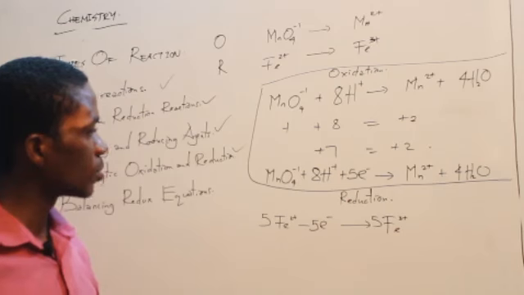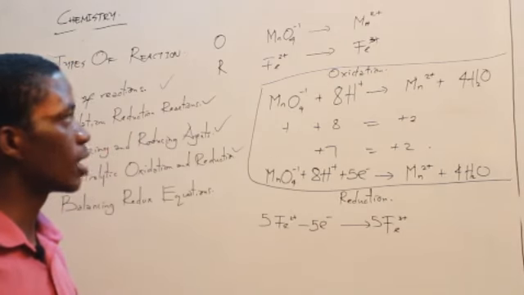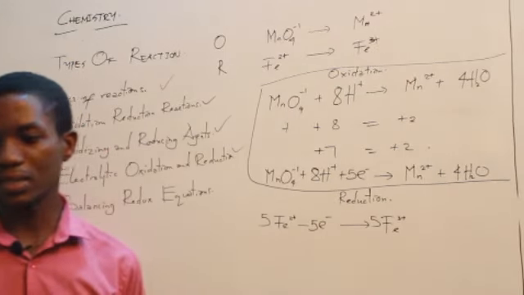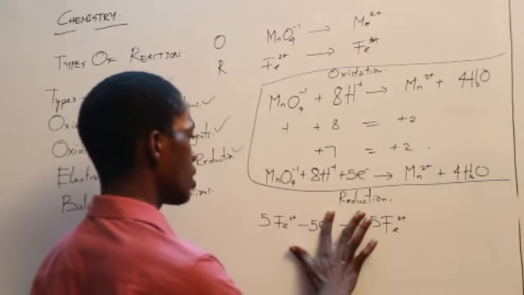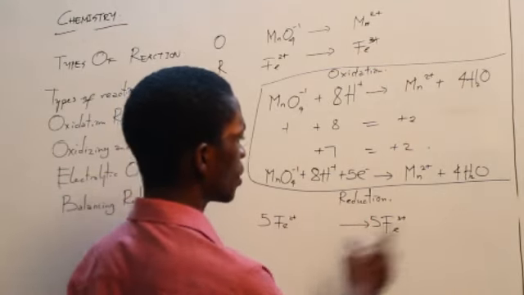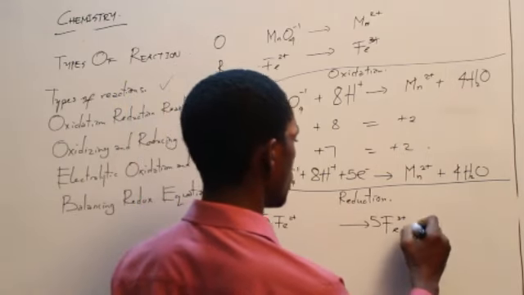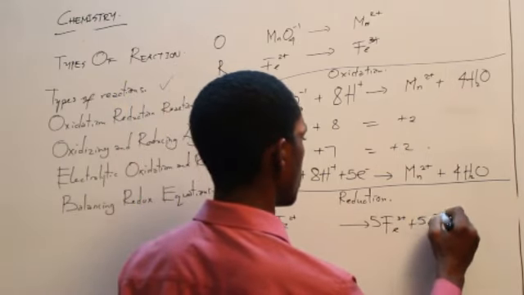So we can try to come up with our completely balanced equation. Of course, the reduction happens on the other side, so you can just put the +5e here.